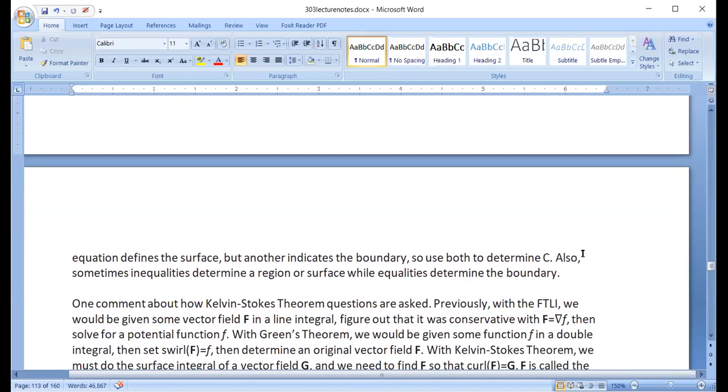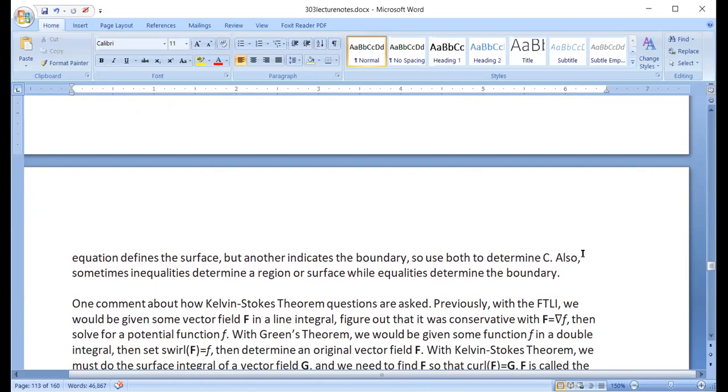So some comments. Just a call back to the fundamental theorem of line integrals. With FTLI, you're asked to do a line integral of a vector field. You'd figure out that it's conservative. Therefore, the vector field F is the gradient of some function f.